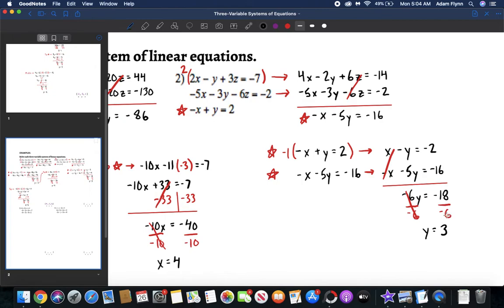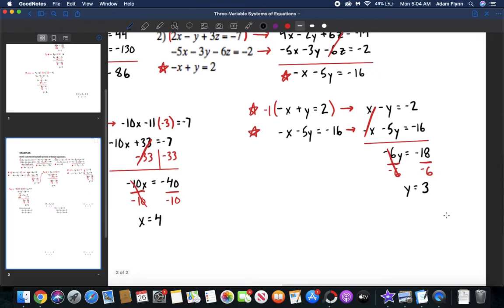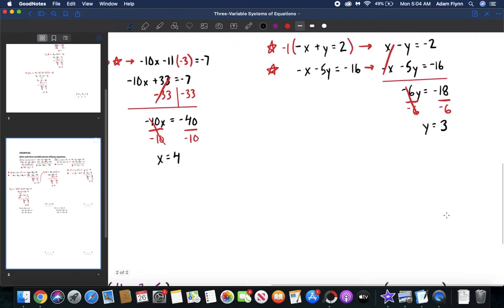Okay, so I can take this 3 and plug it into one of my starred equations and solve for x. So I am going to choose, let's do my top star.